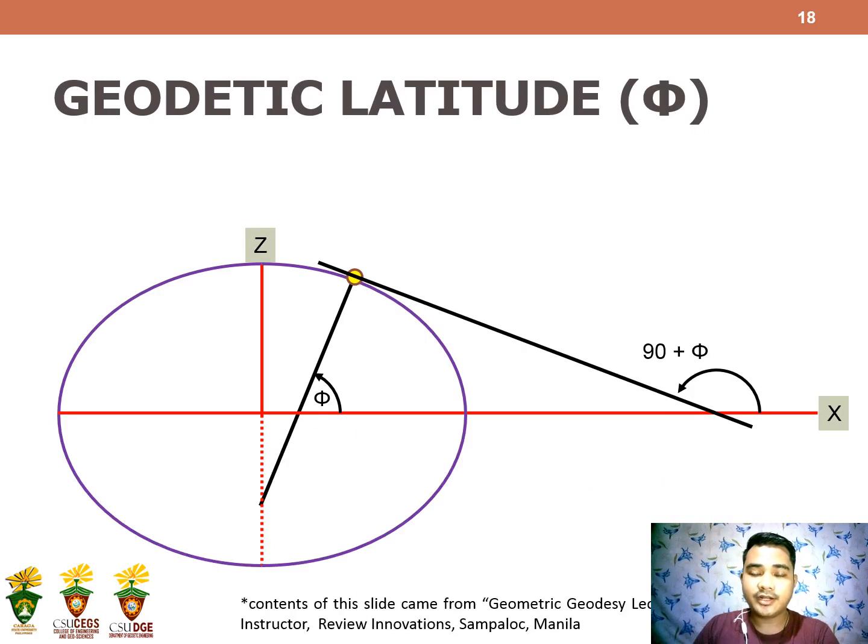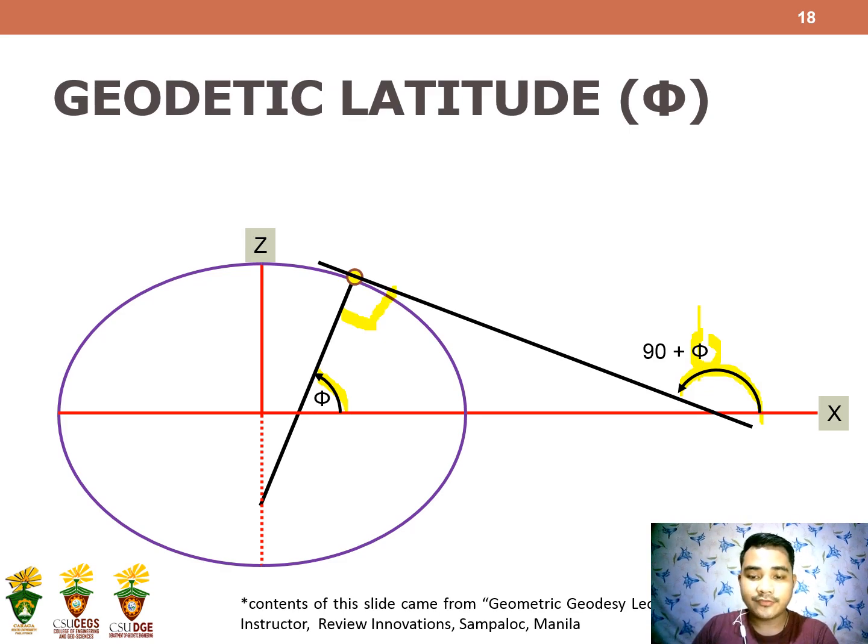Let's go now for the derivation of the geodetic coordinate system. So let's go back to this figure from our discussion in the previous slides. Kung nadiri mao ni siya si geodetic latitude, and we have here the value of 90 plus theta. So mo-agree mo na therefore it's because this is normal to the ellipsoid, so 90 degrees na siya diha.